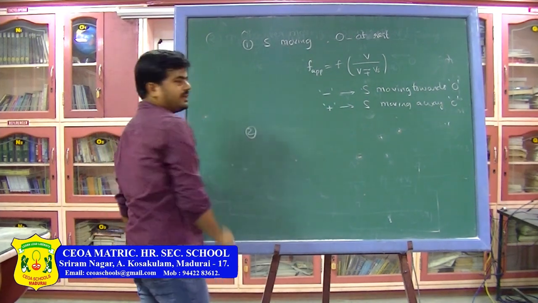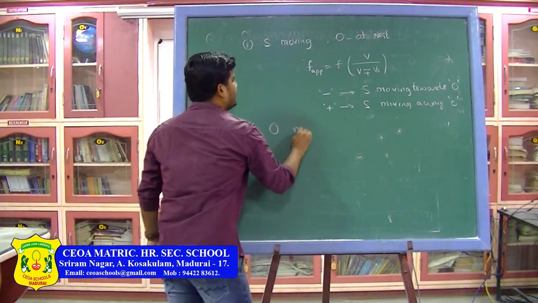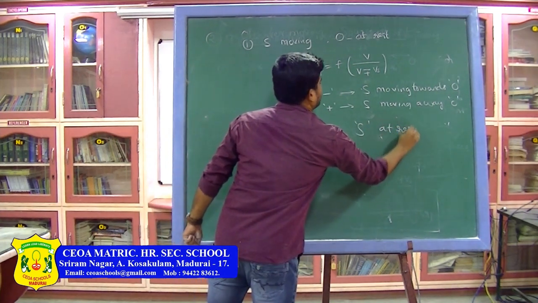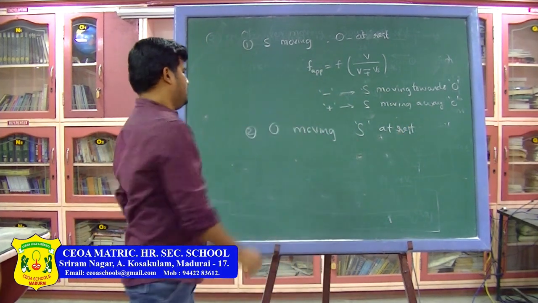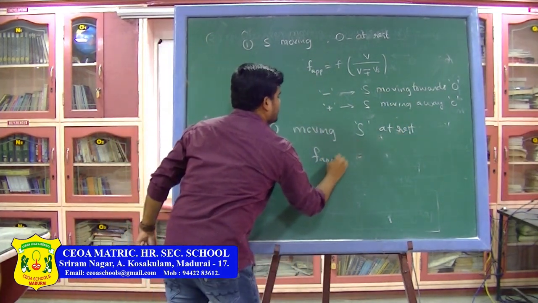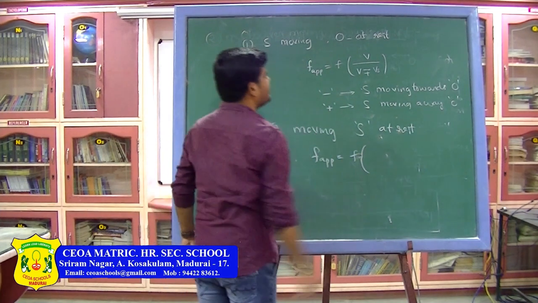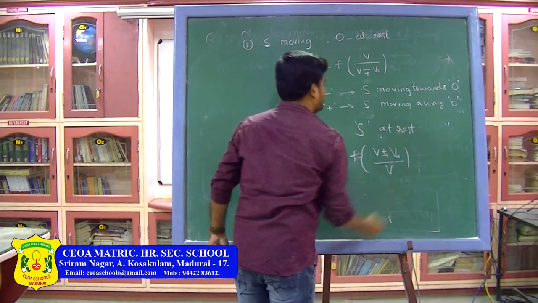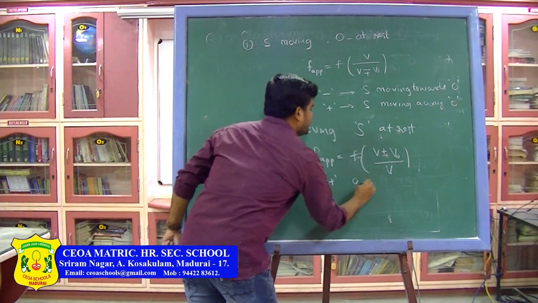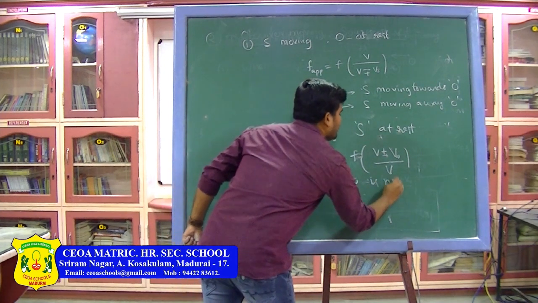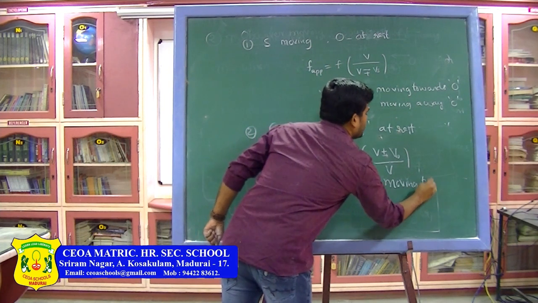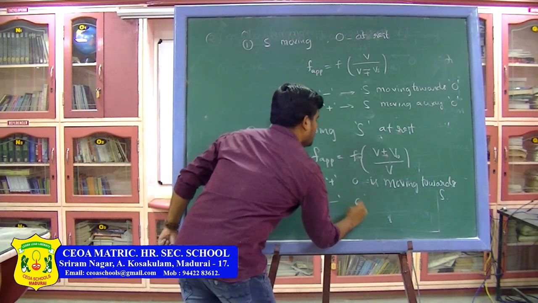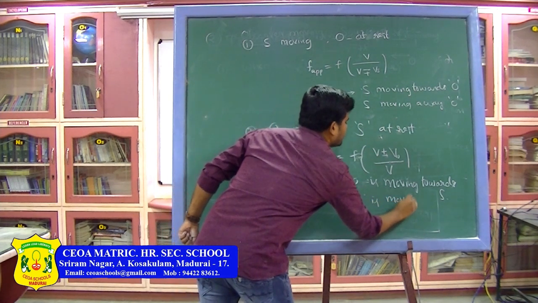Similarly, the second case that I discussed is when the observer is moving and the source is at rest. Again, in this case the apparent frequency is given by f apparent is equal to actual frequency into V plus or minus V naught divided by V. So, here positive sign when the observer is moving towards the source, and minus sign when the observer is moving away from the source.